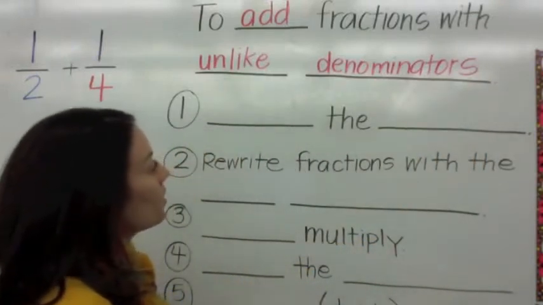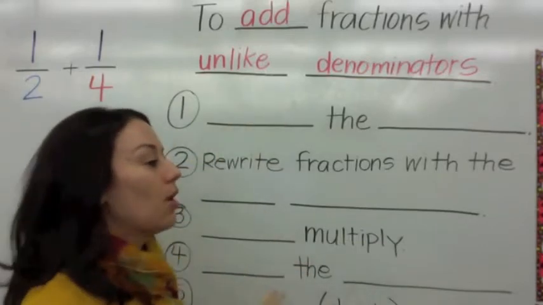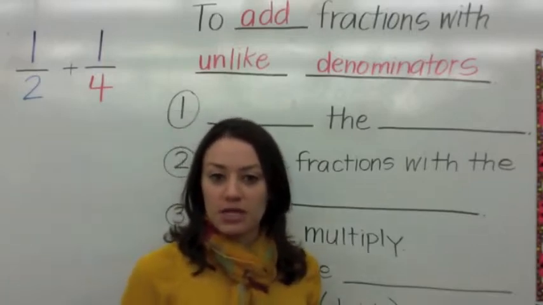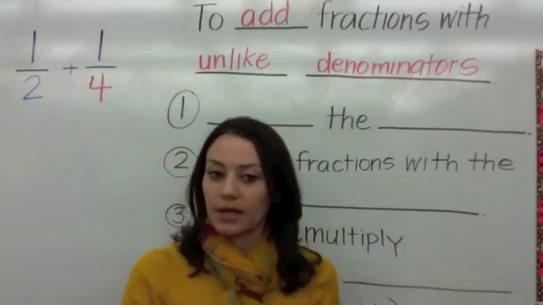Okay? So the numbers at the bottom are going to be different. You have to make them the same. So there's a fun way to do this that you are familiar with. What is this? Cross multiply, all right?